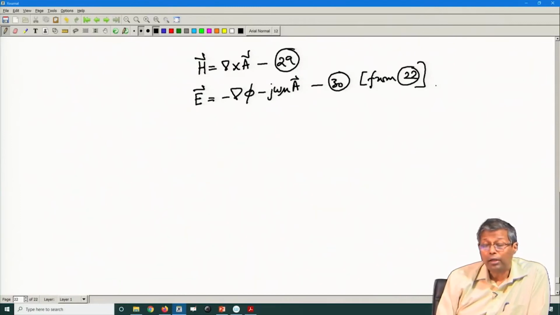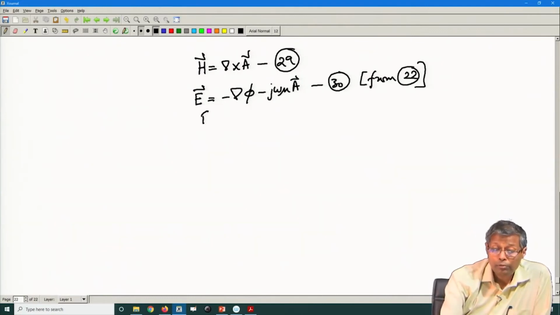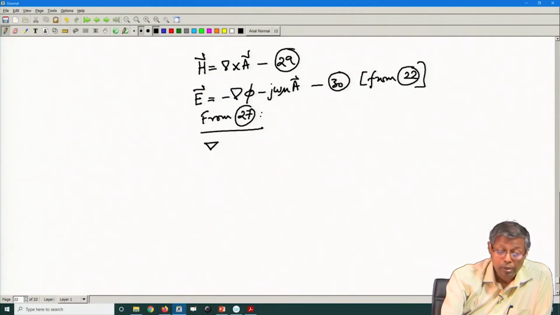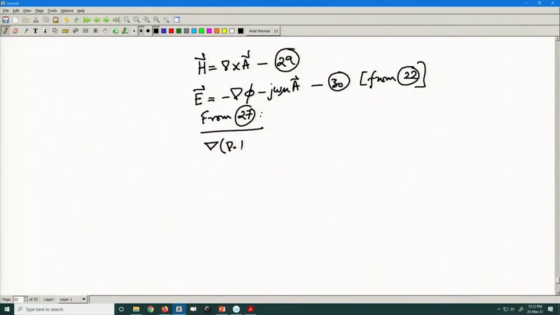And A and phi are linked through 27. So, from 27 we have grad of divergence A equal to minus j omega epsilon grad of phi.